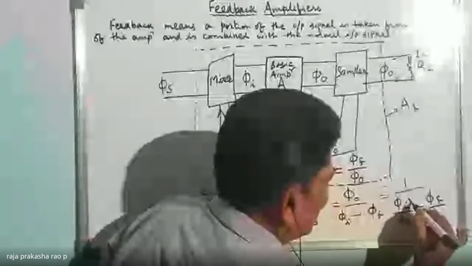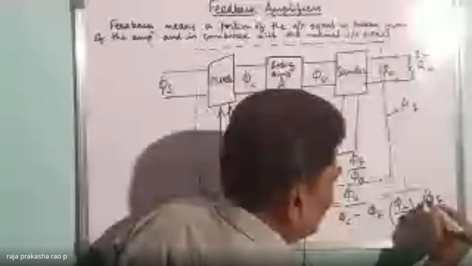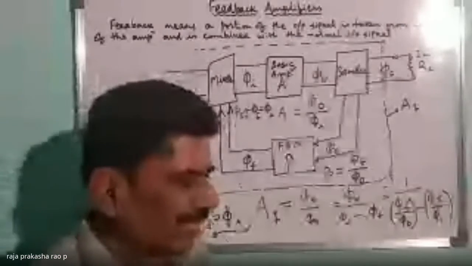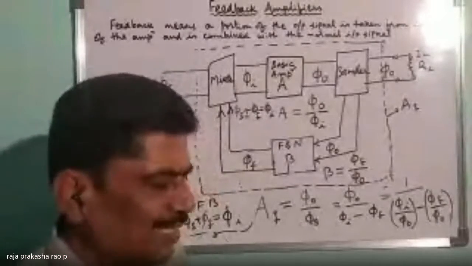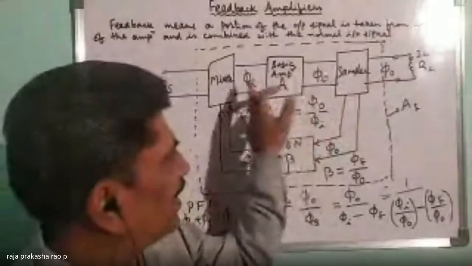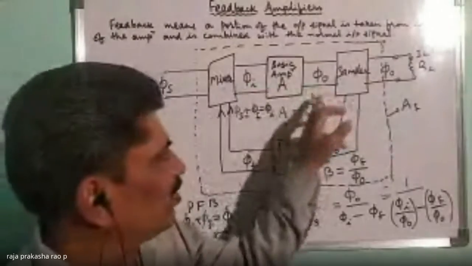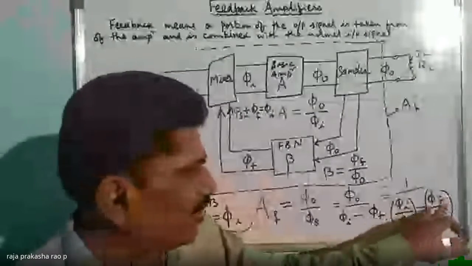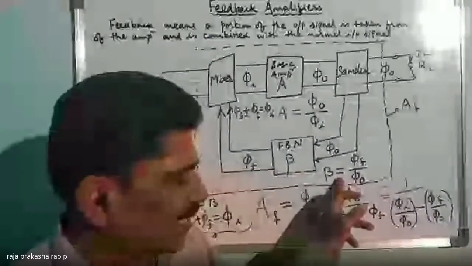So tell me what are these ratios? Phi i by phi naught and phi f by phi naught from this diagram, from the block diagram. What is phi i by phi naught? Phi naught by phi i is A. So phi i by phi naught will be 1 by A. Okay? And phi f by phi naught is feedback ratio beta.